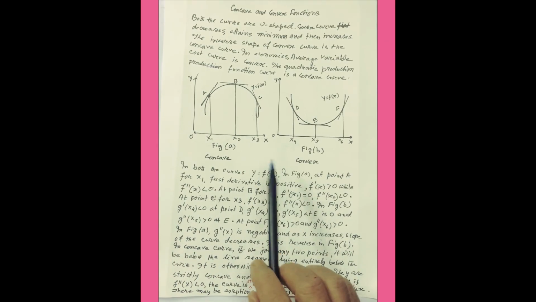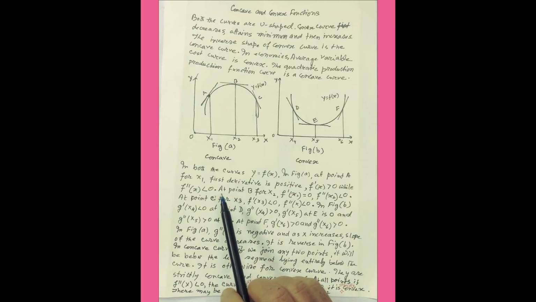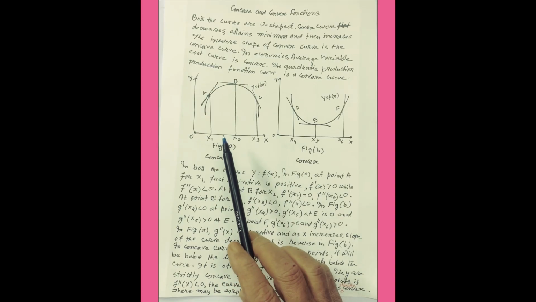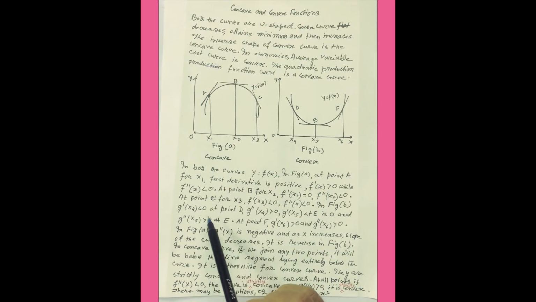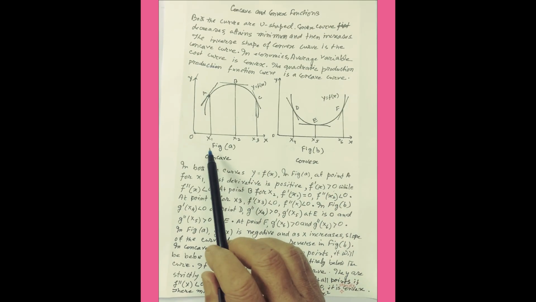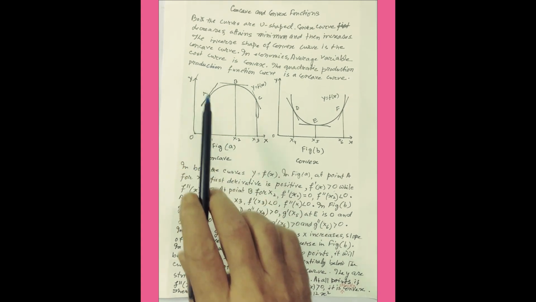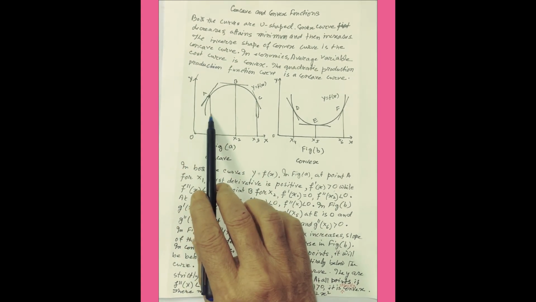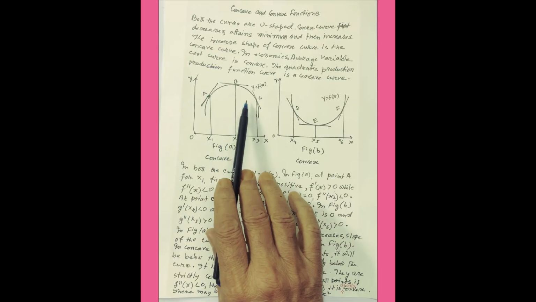Now in figure A, at point A for x1, the first derivative is positive. That means f prime x, the first derivative with respect to x, is greater than 0. When we feed the function with y data and x data, we will have this kind of quadratic form.